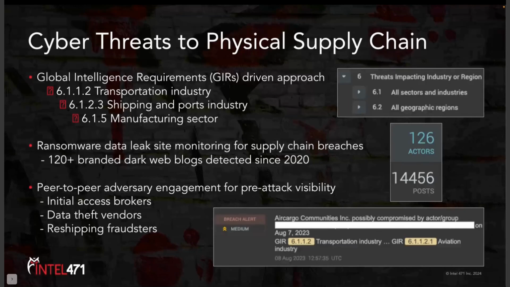We've seen since 2020 over 120 different deep and dark web blogs, all the different brands that have been set up by different groups to conduct these kinds of pressure and extortion campaigns, naming and shaming. You'll see here on the right a little screenshot from our overall collection. There have been over 14,000 victim posts published across these sites since 2020.